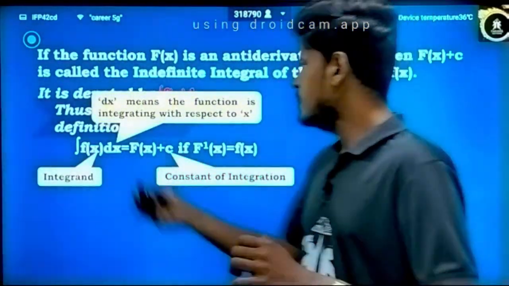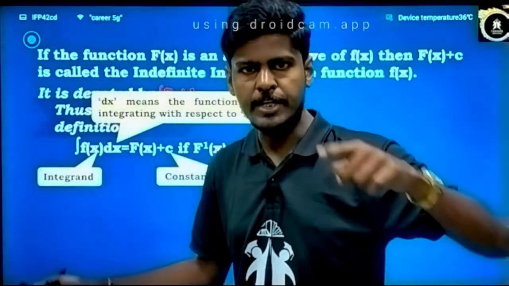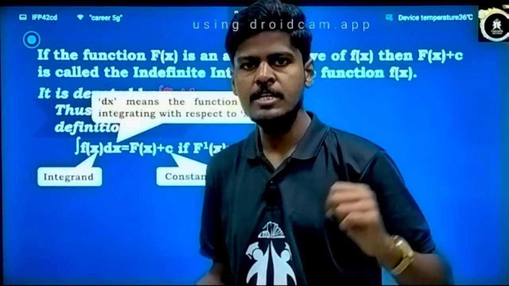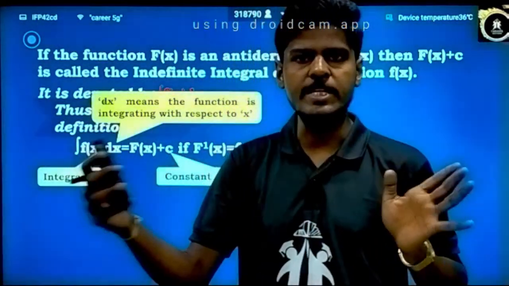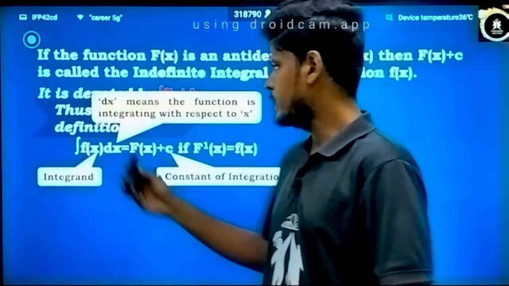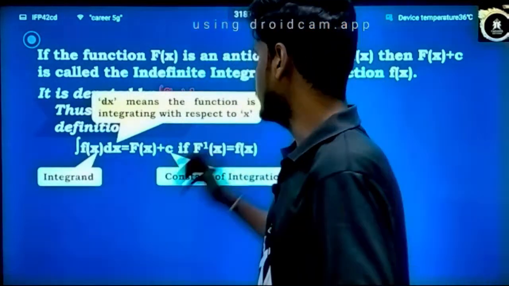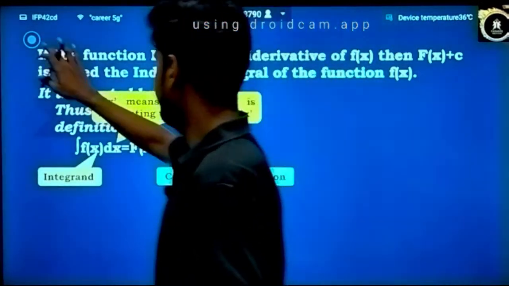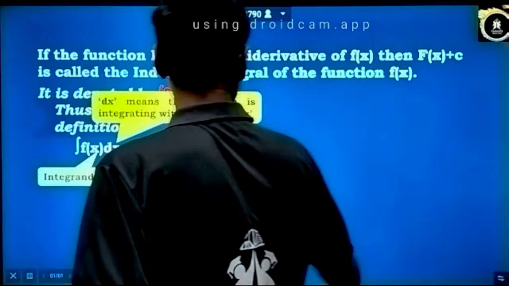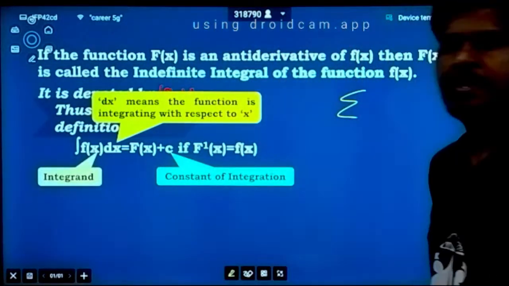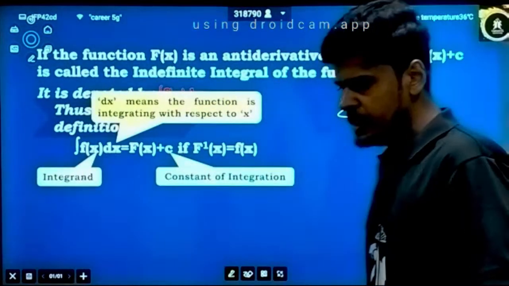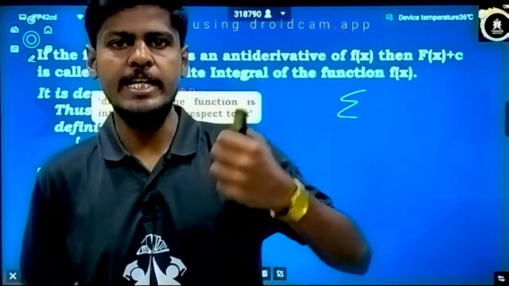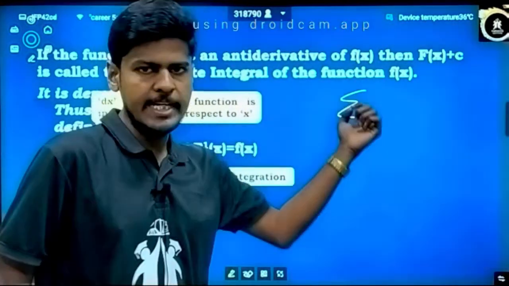This is the symbol of integration, which is an elongated S. What does the symbol represent? It means summation or addition. It is another way of writing summation. We already know how to write summation. We normally write summation using this symbol, and it is useful for adding discrete values.